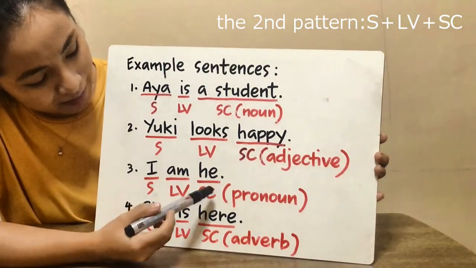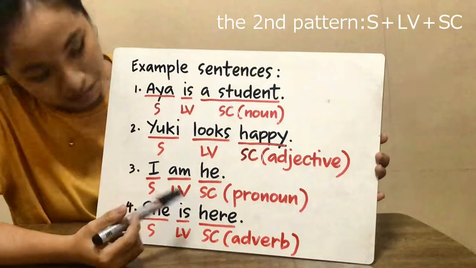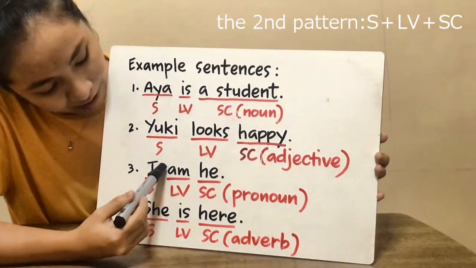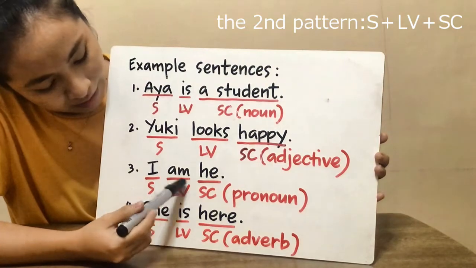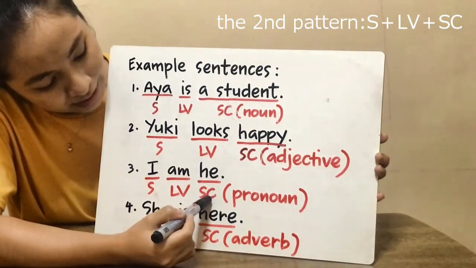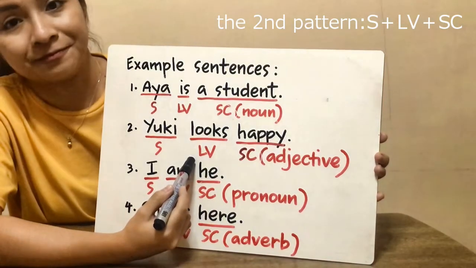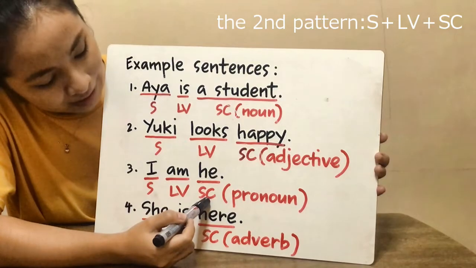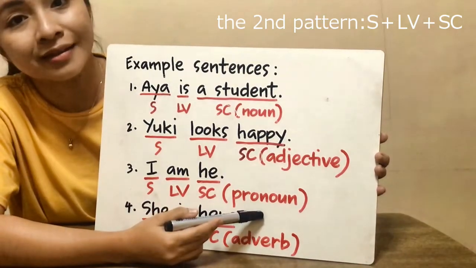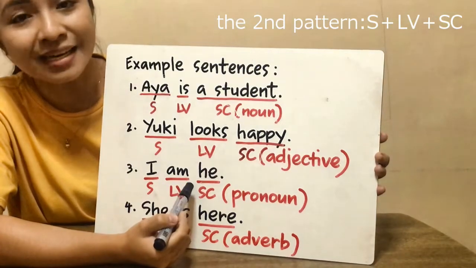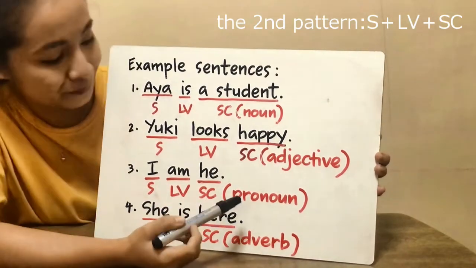Next one, we have the third. I and he. So I is your subject, am is your linking verb, and your SC is he. So in this case, your SC is a pronoun. Of course, because it is he, right? It's a subject pronoun.